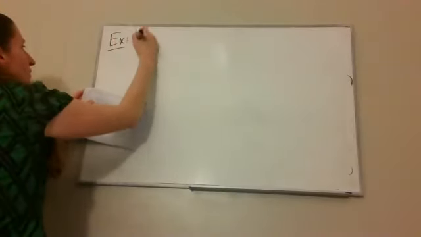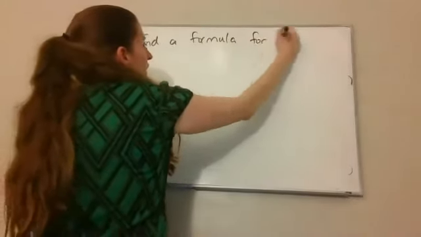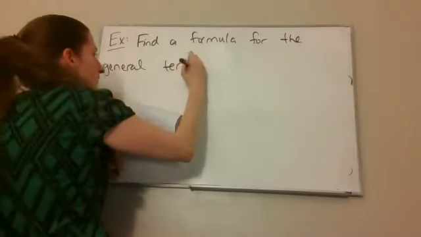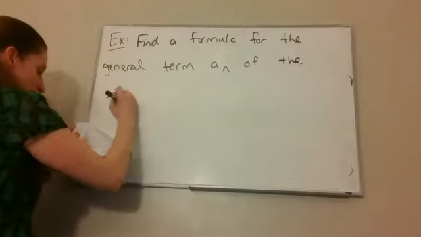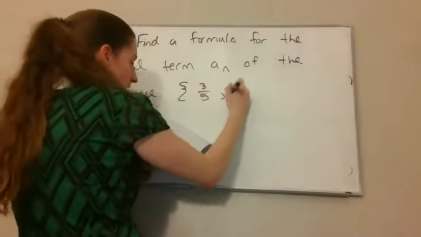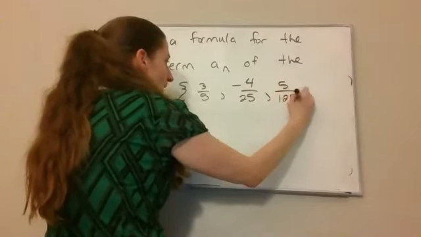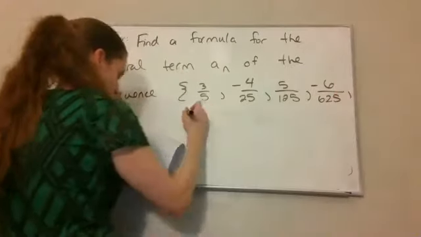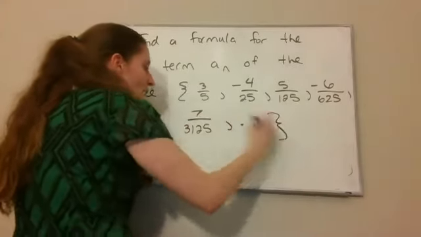So let's find a formula for the general term an of the sequence given by 3/5, -4/25, +5/125, -6/625, +7/3125, and it keeps going.